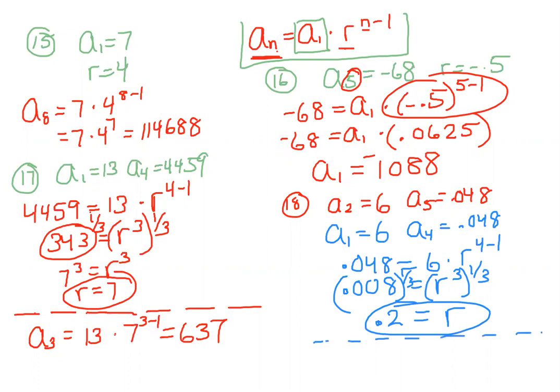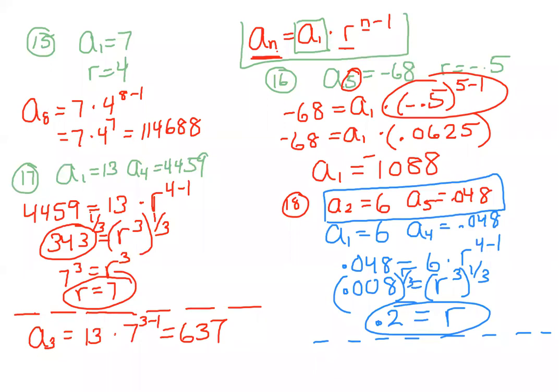Now I'm going to go back to my real numbers to find A4. So I'm going to say A4. Oh, I've got to find what A1 is then. Okay, we've got to do another step in order to use that.